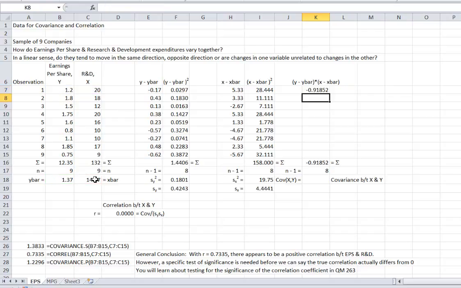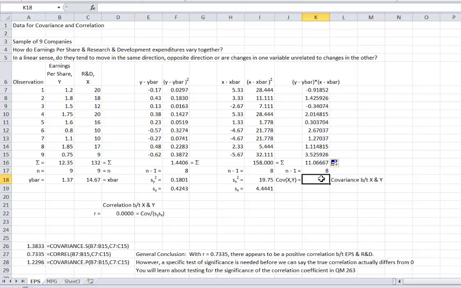Sometimes it'll be negative, and that's fine. Covariance is fine to be negative. If you ever get a negative variance, then you know something's wrong. But for covariance, it's fine to be negative, and those cross products add up to 11.067.